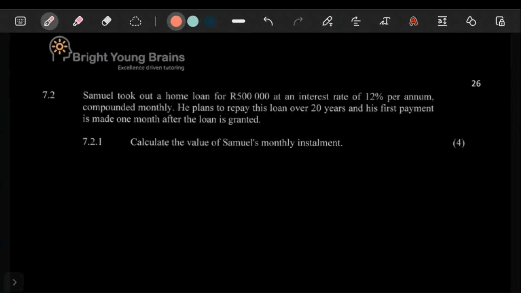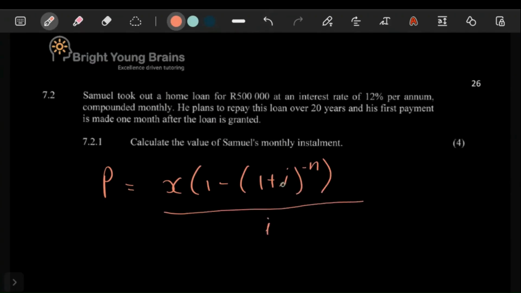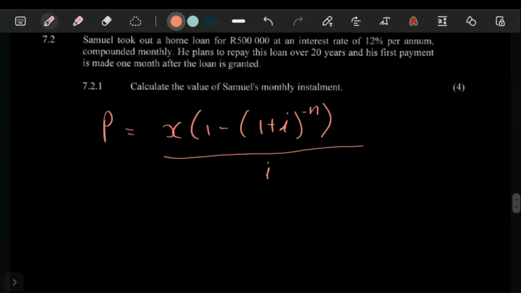Okay, this is straightforward. It's a home loan, so it's pretty obvious that we are using the P formula. Keep in mind that it's also on your formula sheet, so you don't have to cram it. If you forget it, you can always just check on your formula sheet.